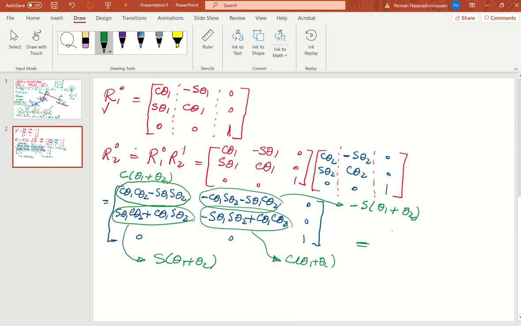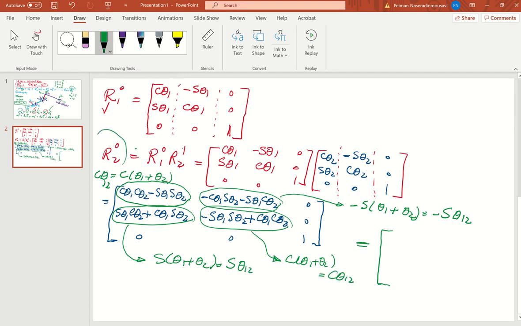So R2 with respect to 1 is going to be, and I'm showing this here as cosine theta 12 for simplicity, minus sine theta 12 for simplicity, this is sine theta 12 for simplicity, and the same here.